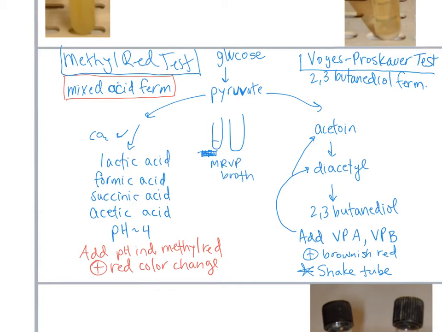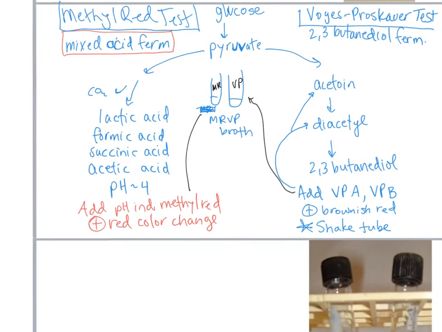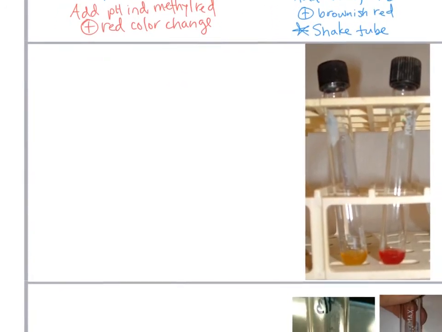You're going to inoculate 2 MRVP tubes, and even though you're going to inoculate them the same way, you're going to label one your MR tube and one your VP tube. And that will remind you that after incubation to add the Methyl Red to the MR tube and the VP A and B to the VP tube. And that's after incubation.